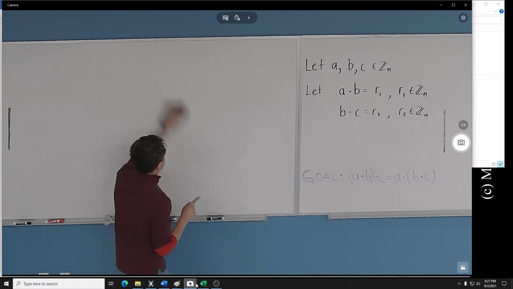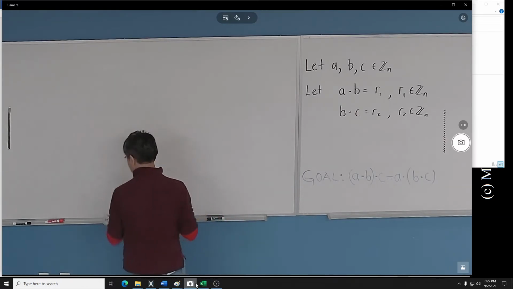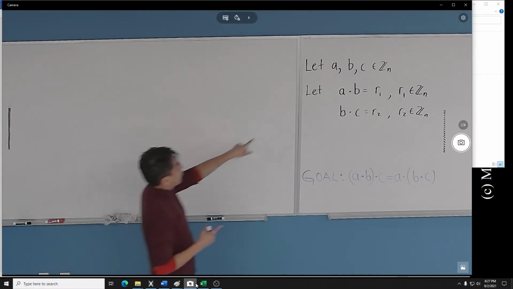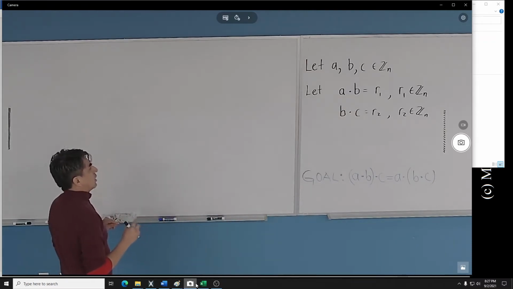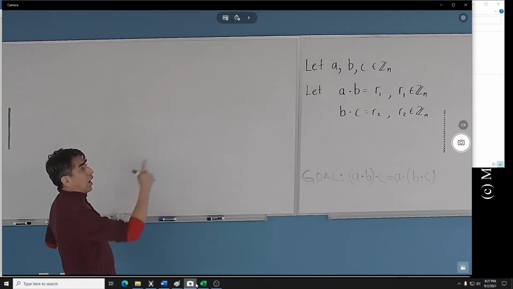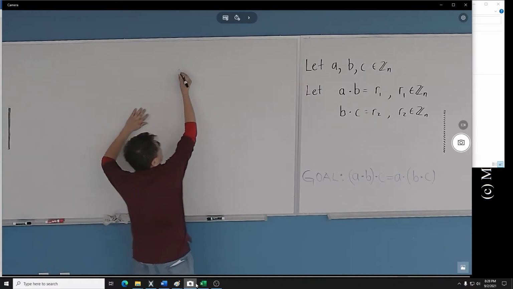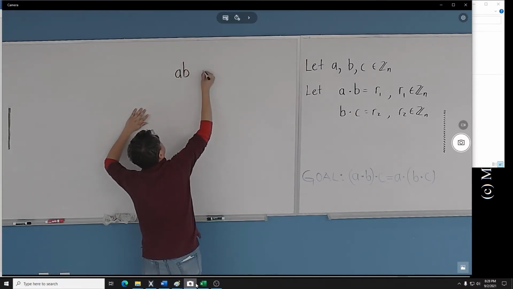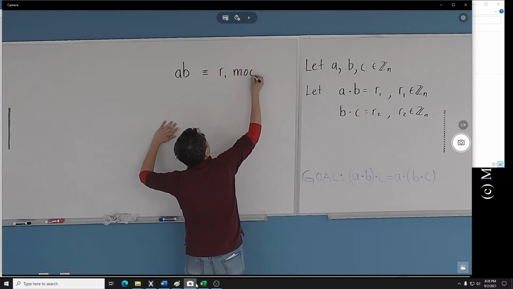What is the meaning of multiplication modulo n? Well, for our first equality, that means that AB is congruent to R1 modulo n.